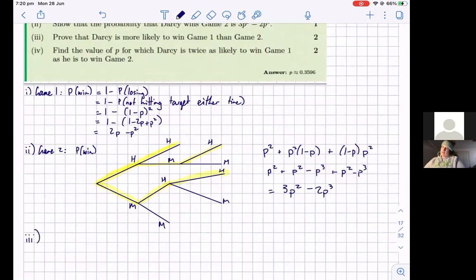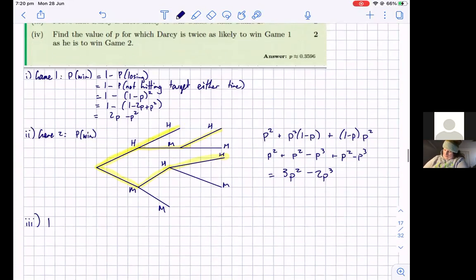Prove he's more likely to win game 1 than game 2. So we're trying to prove 2p take p squared is bigger than 3p squared take 2p cubed. Well, we know p is between 0 and 1.